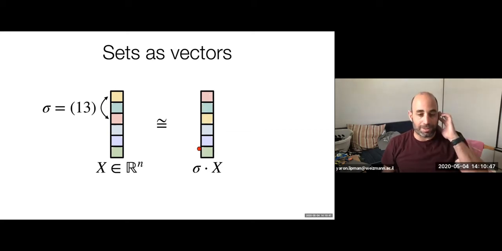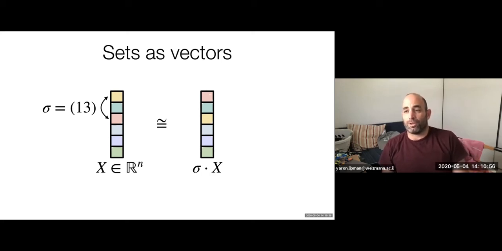Now, what we want to say is that all the different permuted versions of x represent the exact same set. You can think of this as an equivalence relation defined as the orbit of this action on the vector. So we made a choice by representing a set as an ordered vector, as a tuple, but we keep in mind that all the possible ways we could order it would represent the exact same set. And in a second, you'll see how this comes into play when we are actually constructing neural networks.